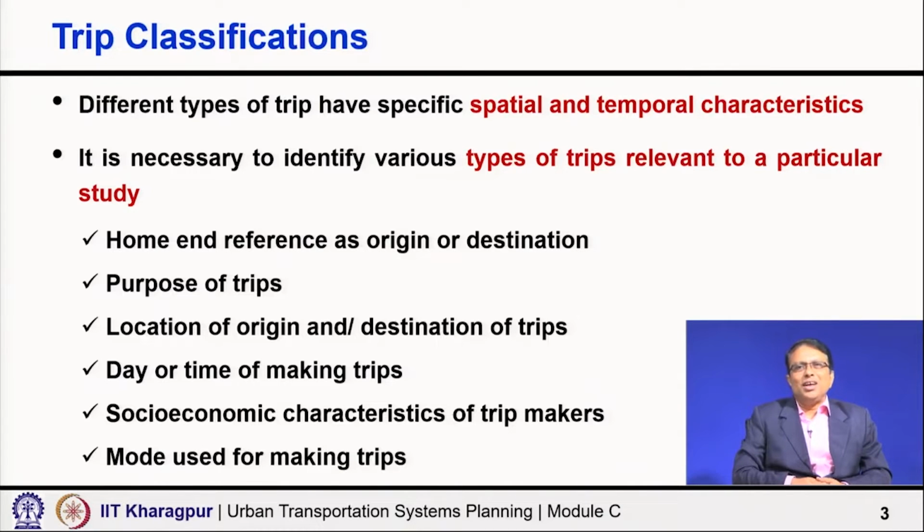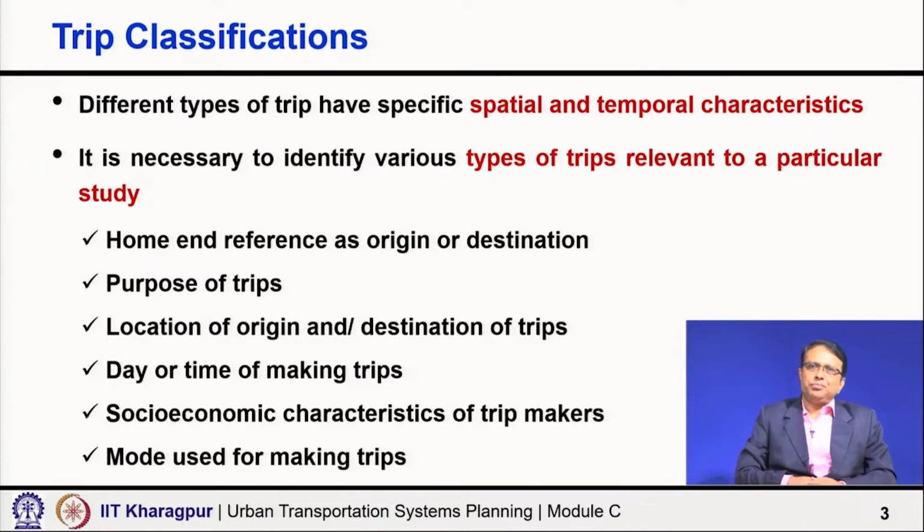Those are the times when the roads leading to schools will all get congested. So, every different type of trip has different spatial and temporal characteristics. So, it is necessary to identify various types of trip which are relevant to a particular study.